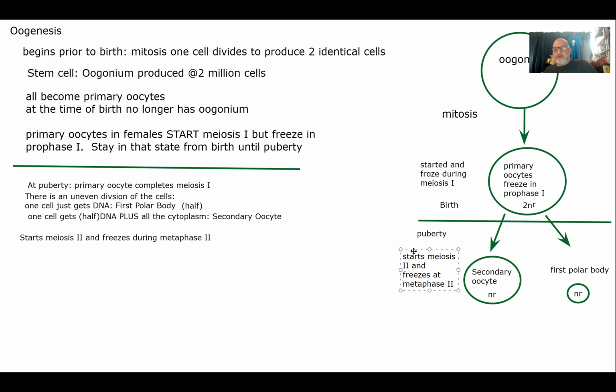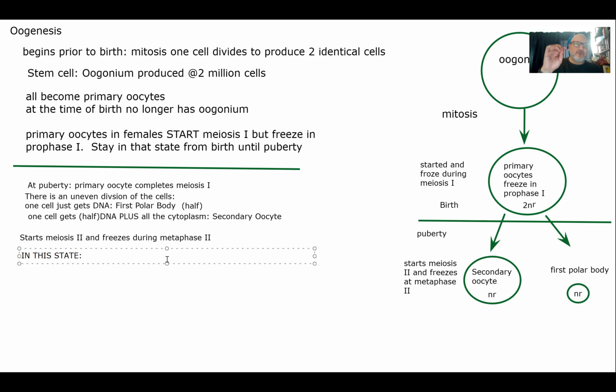And it is in this state, as a secondary oocyte, an immature cell frozen in metaphase 2, that the egg is released by ovulation.